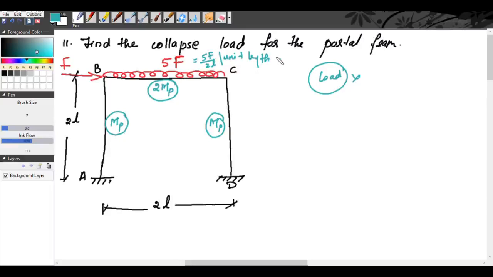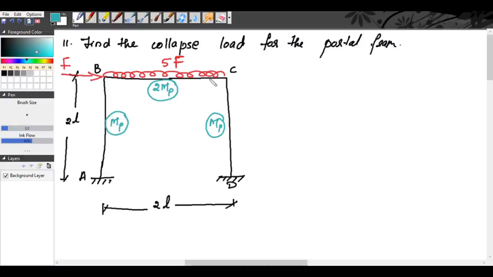You have to consider this while taking the external work done for this beam BC. You have to consider the external load as 5F by 2L per unit length multiplied by the area under the load. Otherwise, there is a high risk, or a chance, of making mistakes while solving the problem in the examinations.